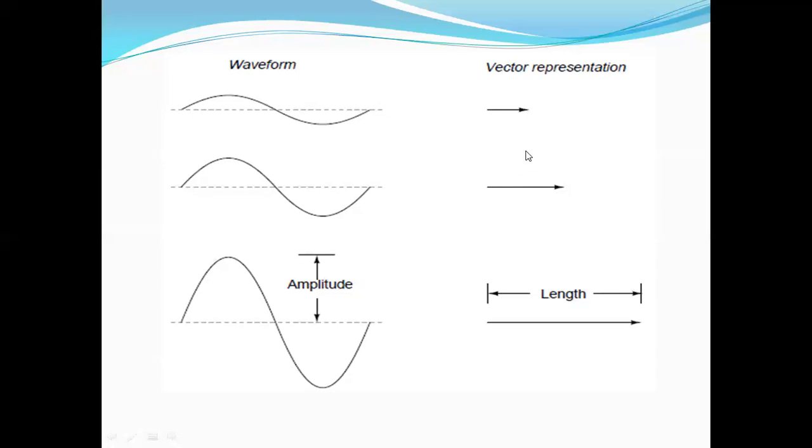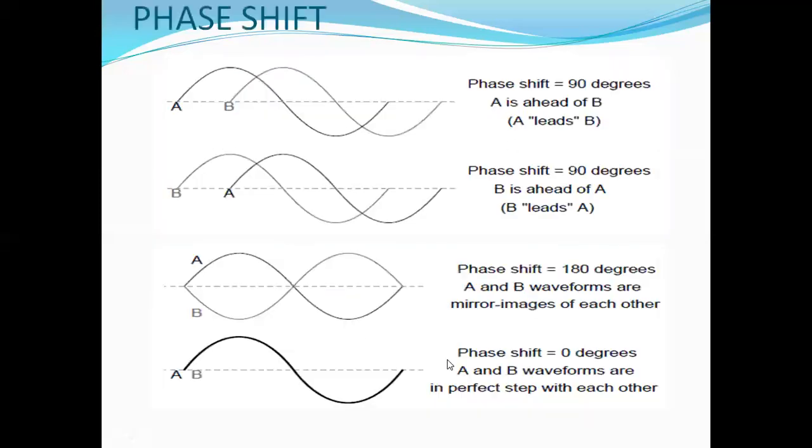For the first vector, its length or magnitude is less than that of the second vector and the third vector. In this way, these three different waveforms can be represented in vector form. It shows its amplitude as well as its direction.